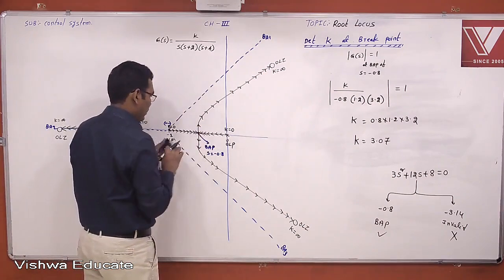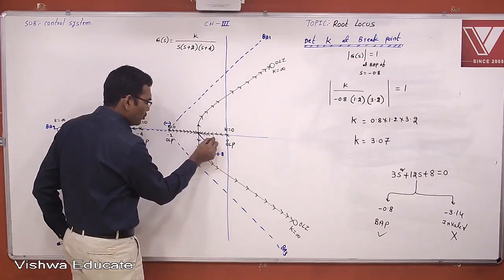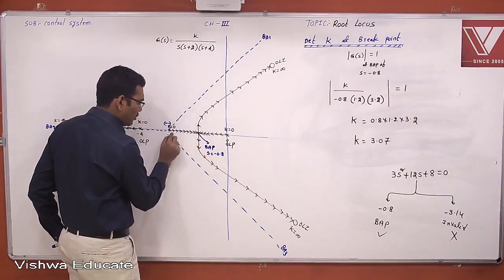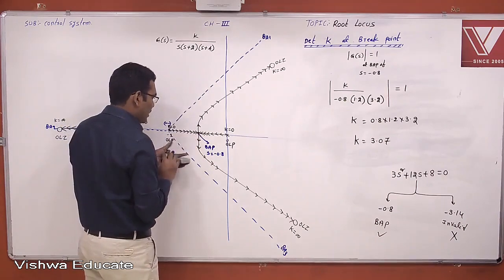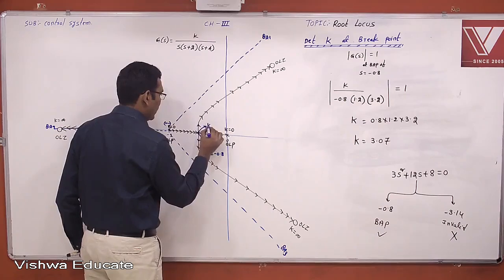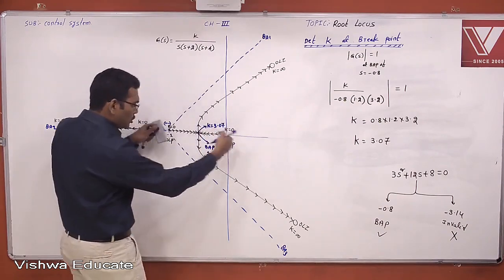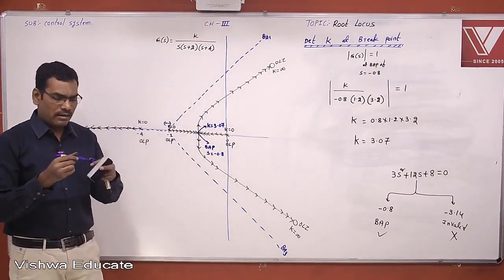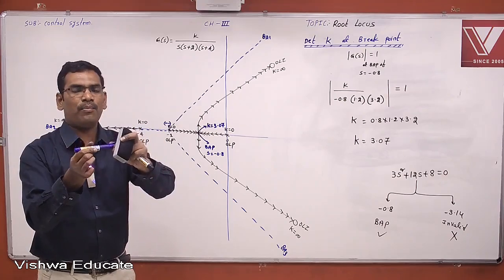This is the system gain at the breakaway point. Now K equal to 0, K equal to 1, K equal to 2, K equal to 2.5, and when K equal to 3.07, these two closed loop poles meet at a particular point.